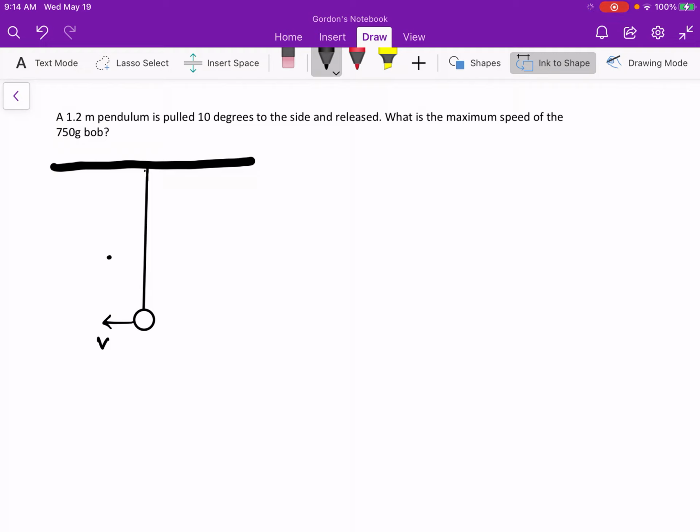So imagine we have pulled this to the side, and we've pulled it to the side 10 degrees. This is 1.2 meters. And we've let it go. And we want to know what is the maximum speed. So the maximum speed is going to happen as it passes through this equilibrium point here.